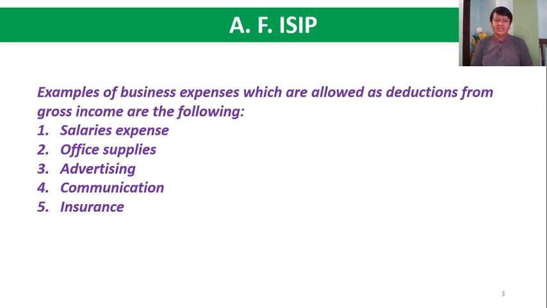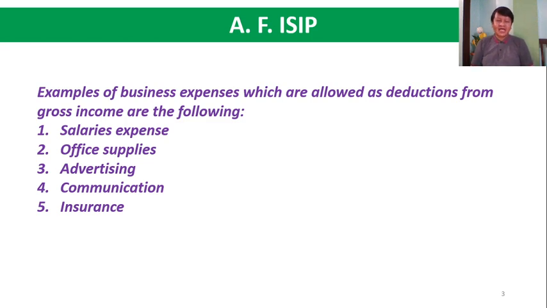So, you will insure your machines, your equipment, and your transport vehicles so that whatever happens to these machines and equipment and vehicles, the insurance company will answer for the expenses brought about by damages.